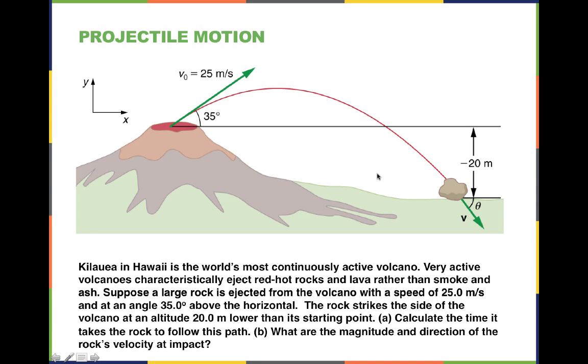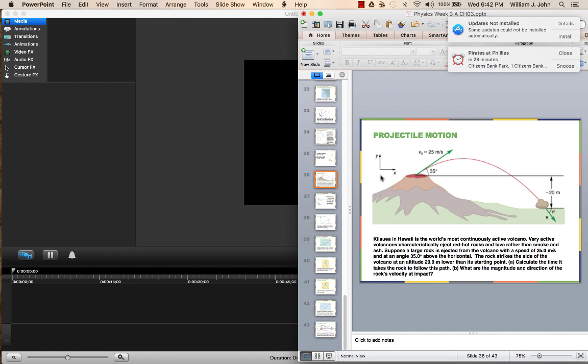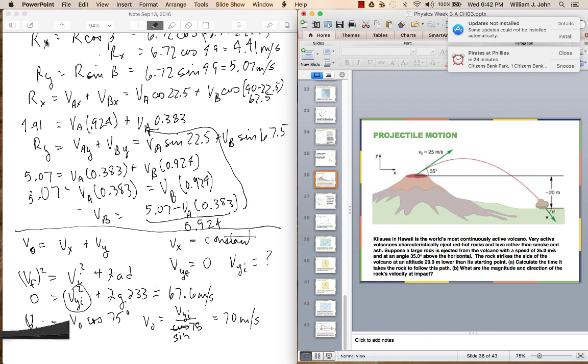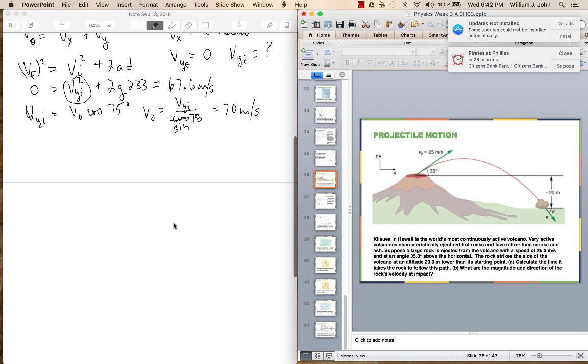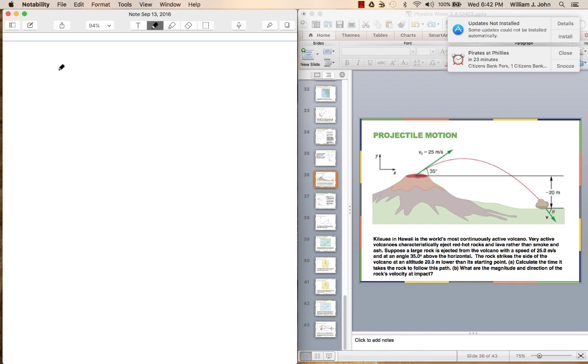So let's look, and I may not do the entire thing this time. I may let you do some of the calculation, but let's take a look at this. First of all, we might as well go ahead and calculate Vx and Vy, which would be the first thing I would calculate anyway.